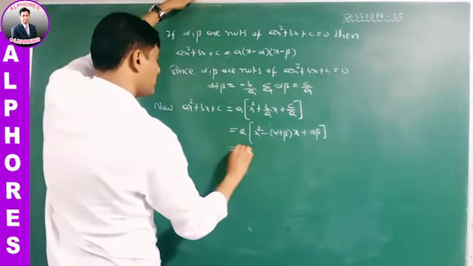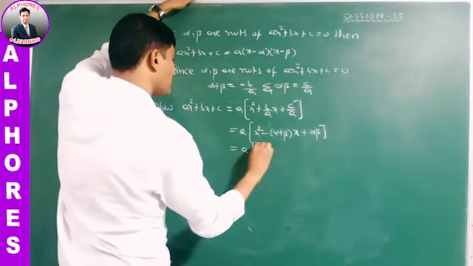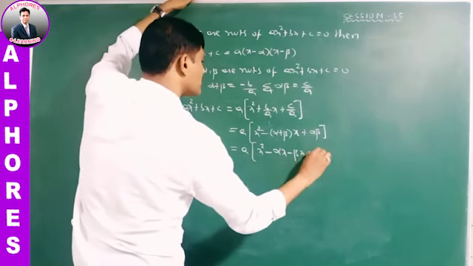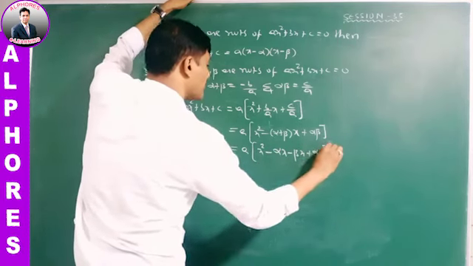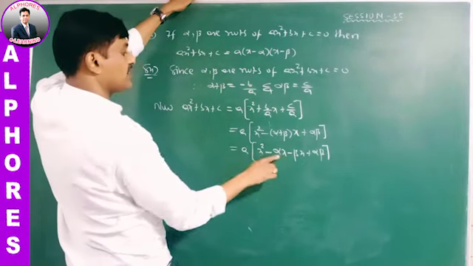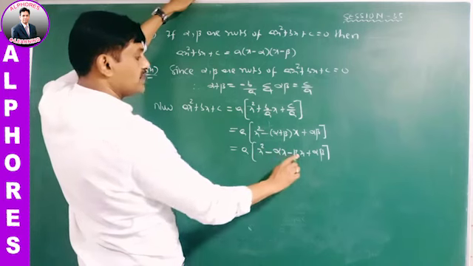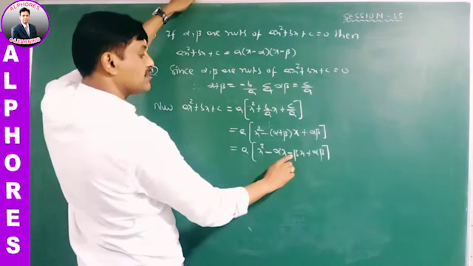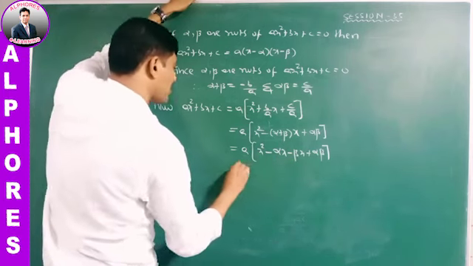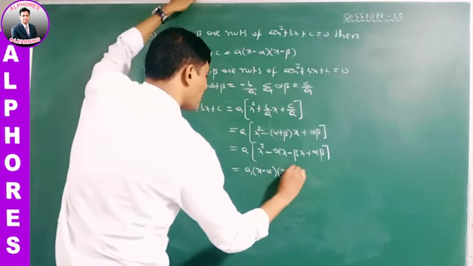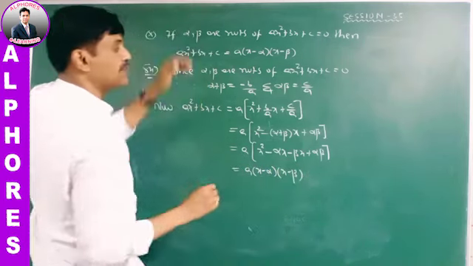Once you multiply, this is a times of x square minus alpha x minus beta x plus alpha beta. From this we get x common, x of x minus alpha. From this we get minus beta common, x minus alpha. Therefore a times of x minus alpha into x minus beta.